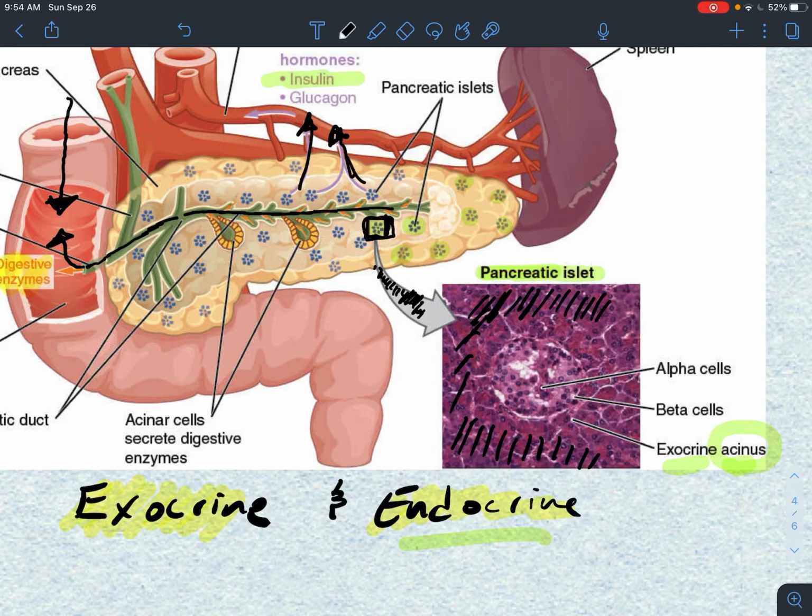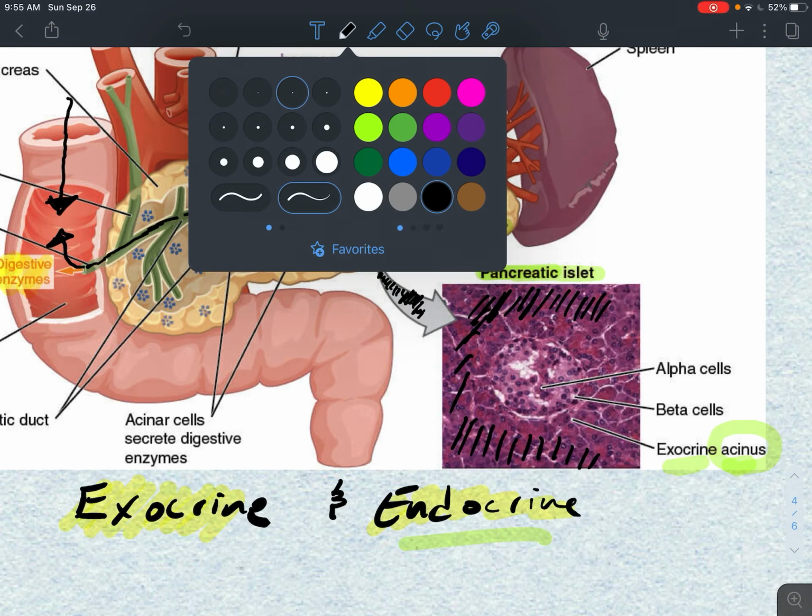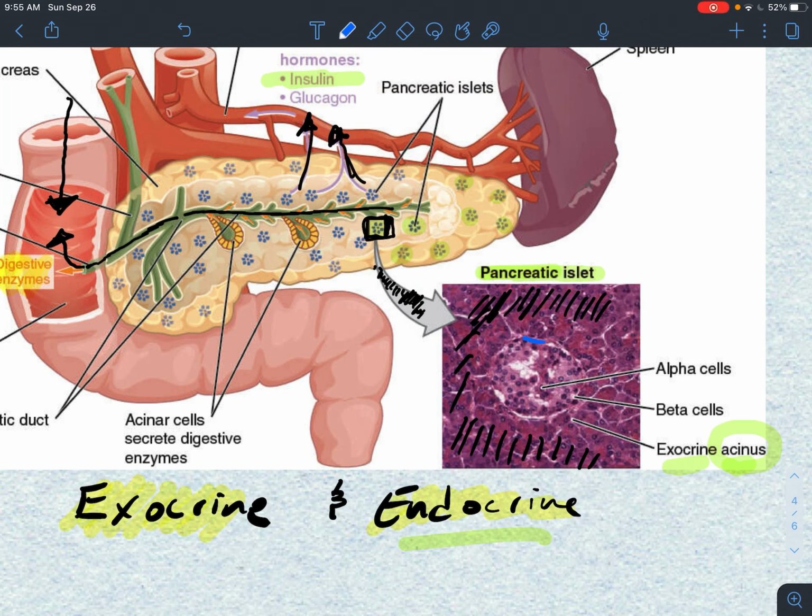And they are surrounding an islet, a pancreatic islet, or an islet of Langerhans, right? And that is right here. That is the pancreatic islet. And here they're telling us we have beta cells. Beta cells are the ones that make the insulin. Alpha cells are the ones that make the glucagon, which again is the opposite of insulin, right?